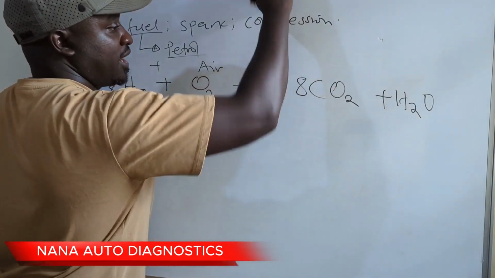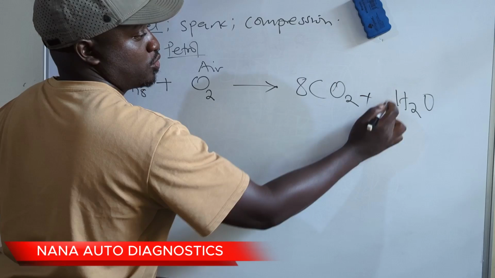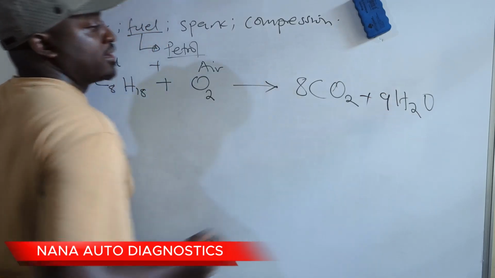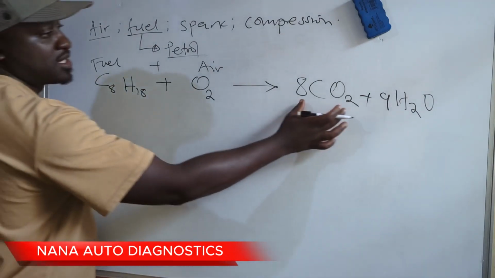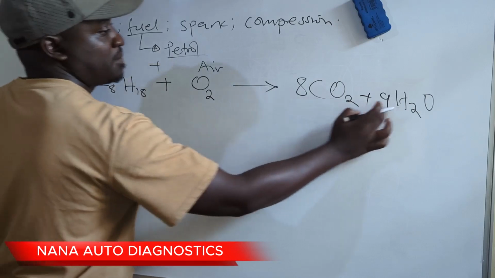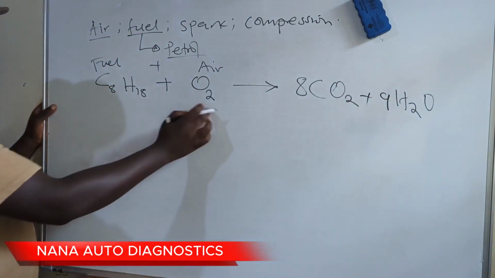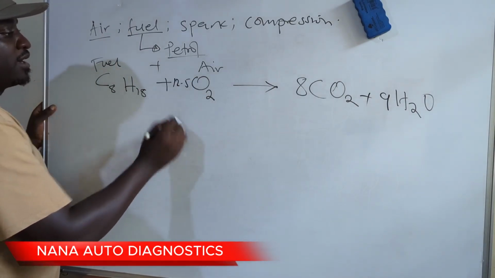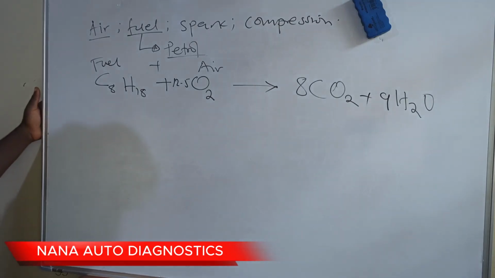This side we have 2. So if you put a 9 there, it means the hydrogens are also balancing. Now the oxygen this side, we have 8 times 2, which is 16 plus 9, which is 25. So if you put 12.5 here, it means you have already balanced the oxygens.